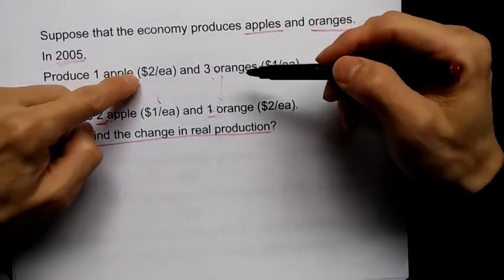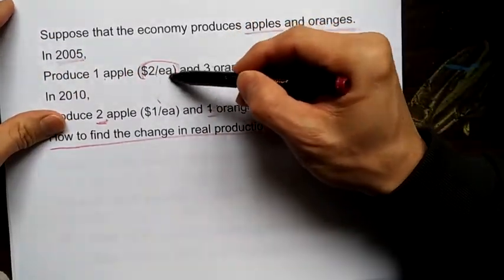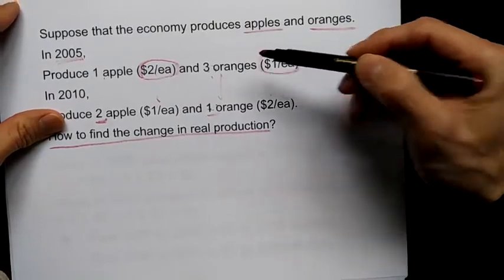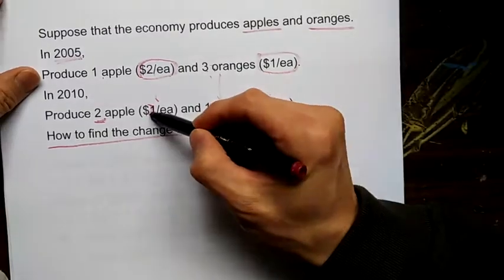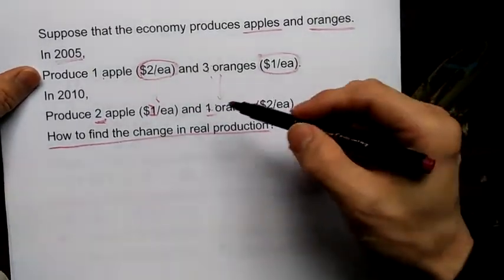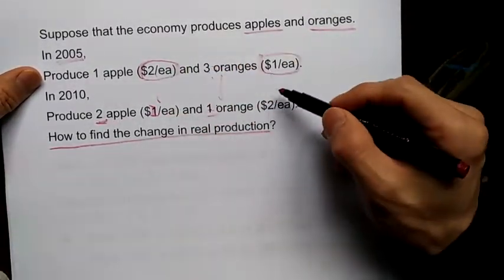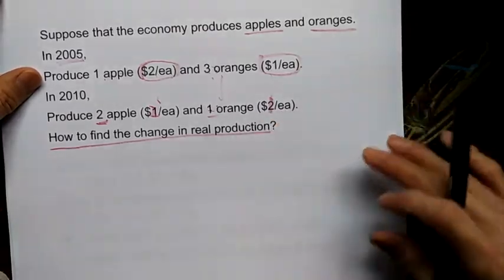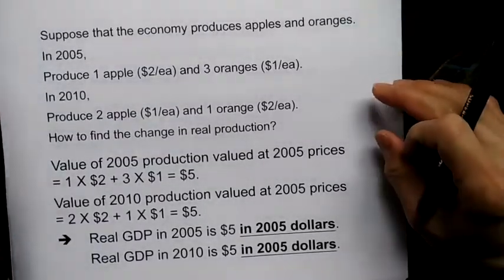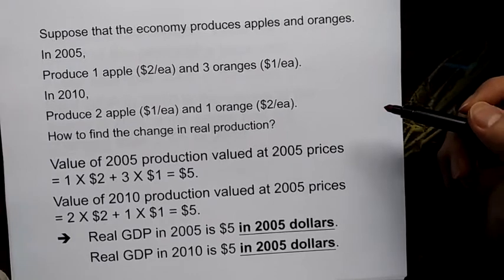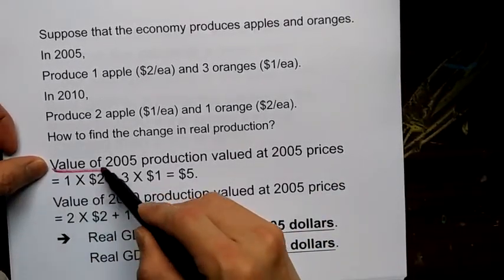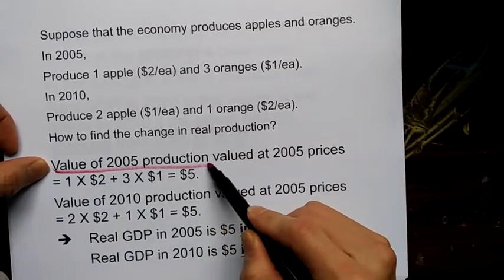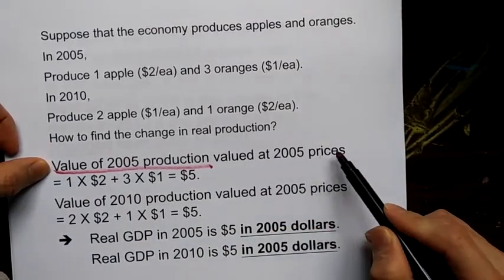Again, you assume that the price doesn't change. So you assume that in 2010 the price is $2 each for apples and $1 each for oranges. That's how you do it. So what is the value of 2005 production, value at 2005 price?